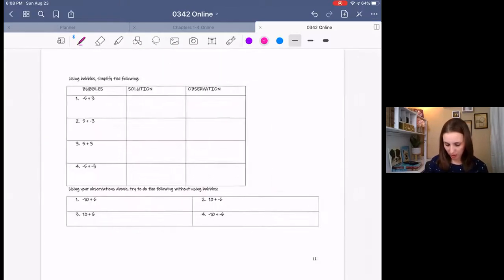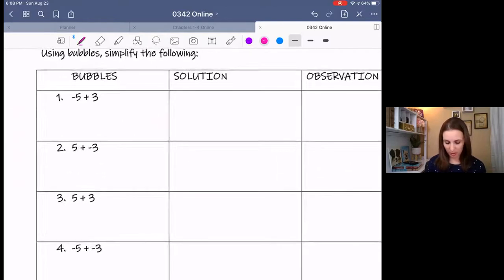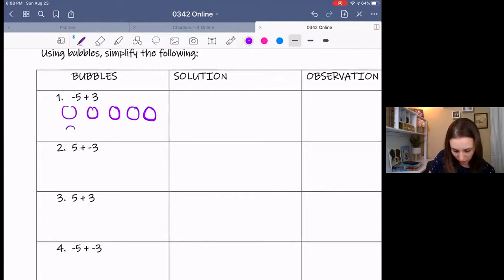So let's use that to practice some problems here. We have -5 plus 3. If you want to pause this and draw the bubbles yourself first, feel free to do that. I'm just going to draw it out. 1, 2, 3, 4, 5. 1, 2, 3. These are negative. These are positive.